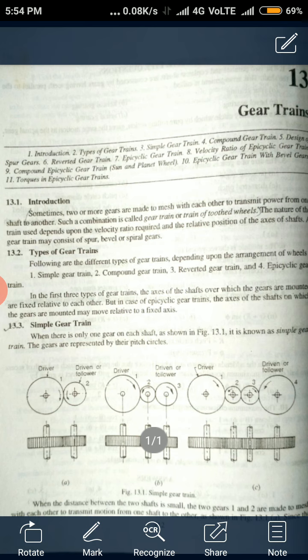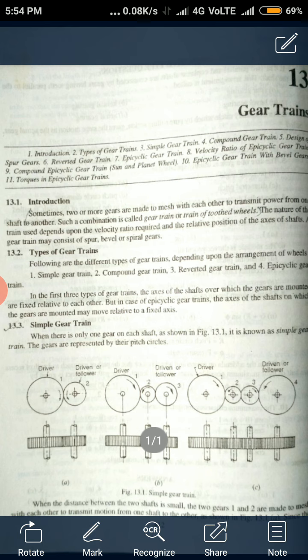The larger gear is there, then we have intermediate gear 2, and we have the follower as gear 3, on shafts 1, 2, 3. If the driver rotates clockwise, the intermediate gear rotates anti-clockwise, and again the follower rotates in the clockwise direction. That means if you have an odd number of gears, the driver and the follower are in the same direction.